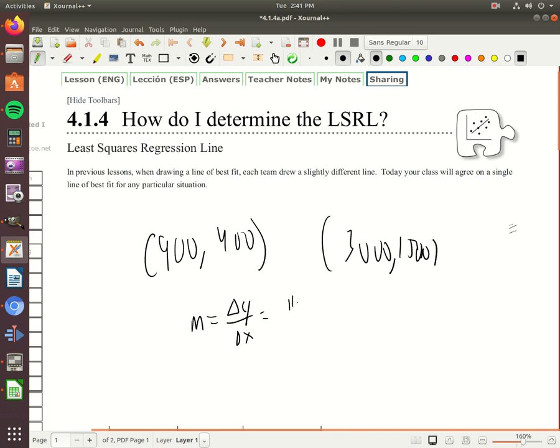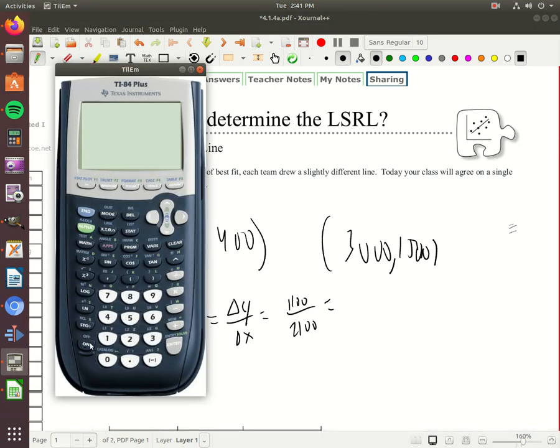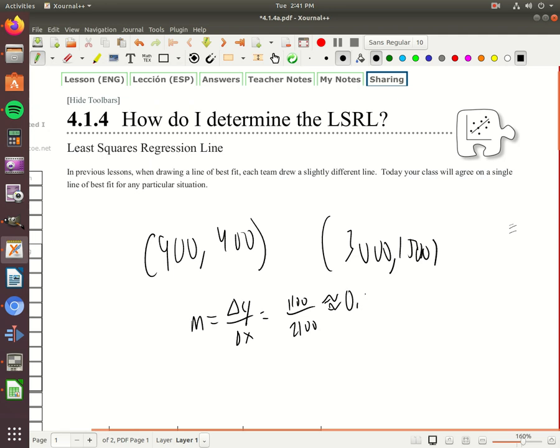It went up 1,100, and it went over 2,100. So I will divide 1,100 by 2,100, or just 11 by 21 if I lop those zeros off. And I get 0.524. So it's about 0.524. And if you'll remember, my y-intercept ended up being 0, negative 72.